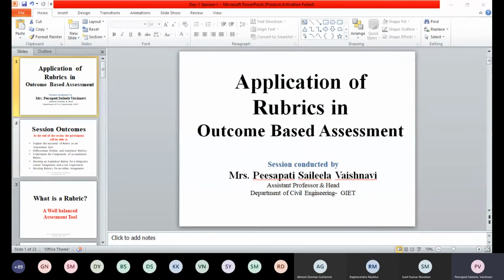Whom are we taking the class to, and how can you assess whether the student has achieved some specific outcome as a part of your teaching strategy or methodology.